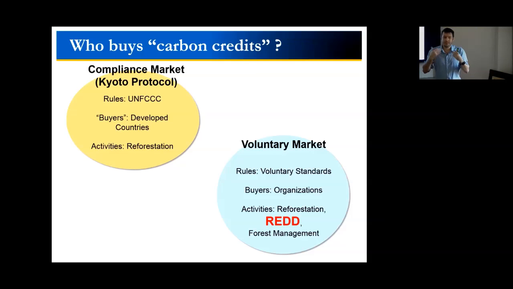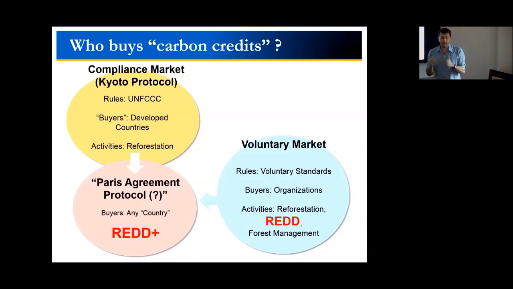I will add credibility to your green marketing scheme, and so on and so forth, okay? As opposed to here, where the rules are set by the United Nations, basically. And here, under the voluntary carbon market, I'll give you some examples of what those voluntary standards are. Here you can have REDD activities happen.